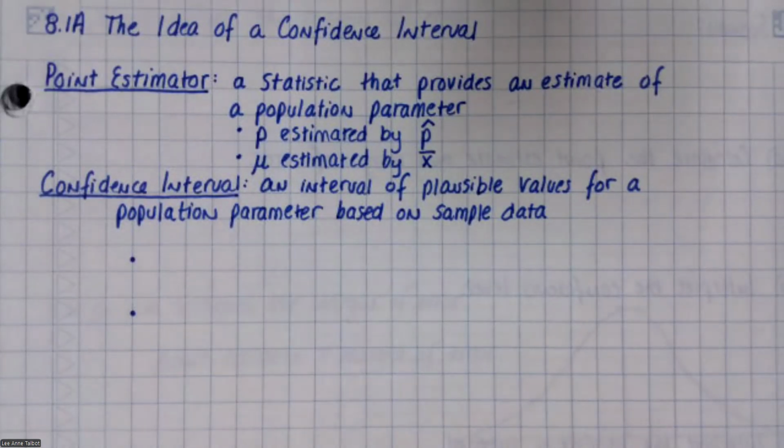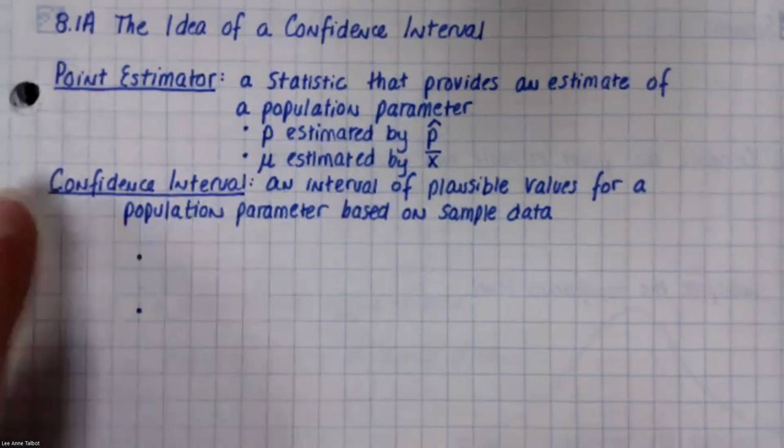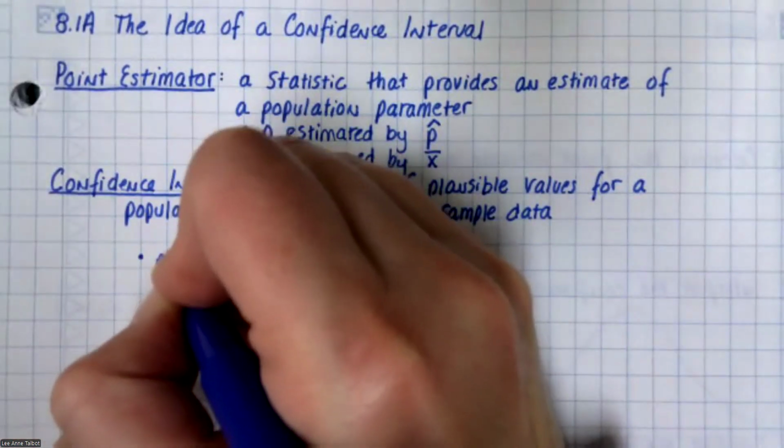Okay. So confidence intervals have two pieces. The first is the point estimate.